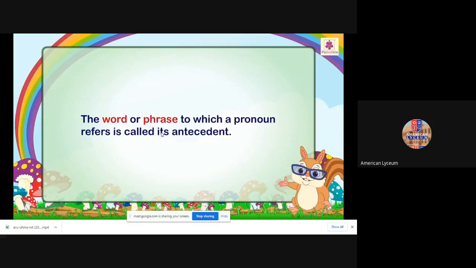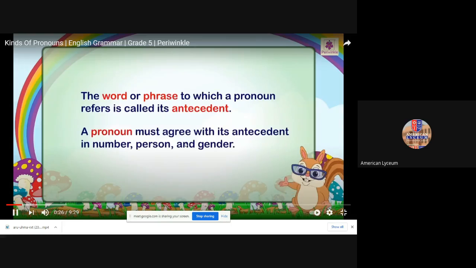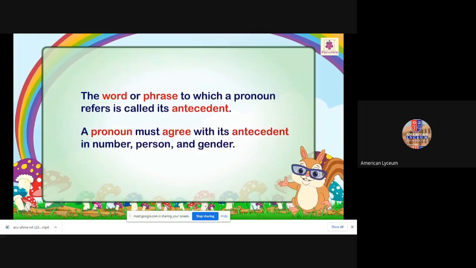The word or phrase to which a pronoun refers is called its antecedent. A pronoun must agree with its antecedent in number, person, and gender.